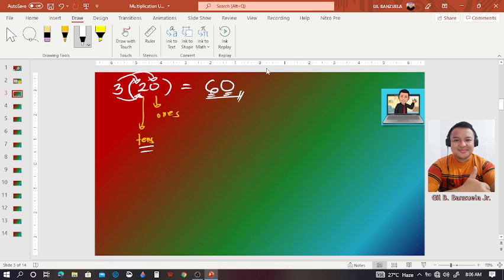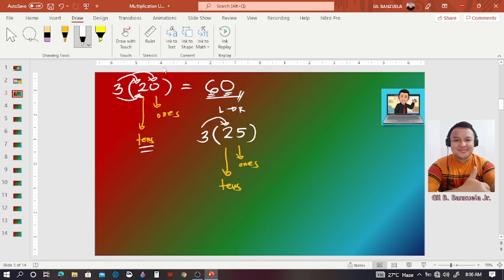Another one. Supposing I multiply again, but this time, I'll try to make the ones value not a 0. Again, this is the ones place and this is the tens place. Let's distribute, starting from the left towards the right.